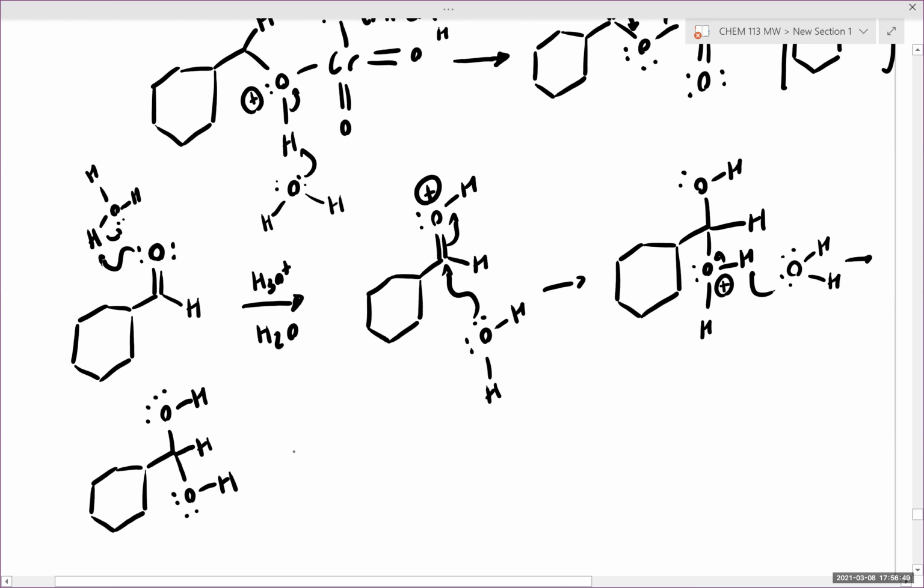So, would anyone like to volunteer and showcase this next oxidation step with a second equivalent of chromium trioxide? Would anyone like to showcase this second oxidation step?